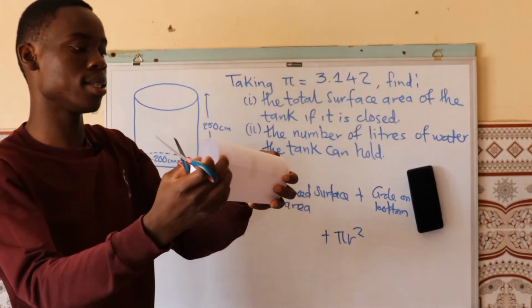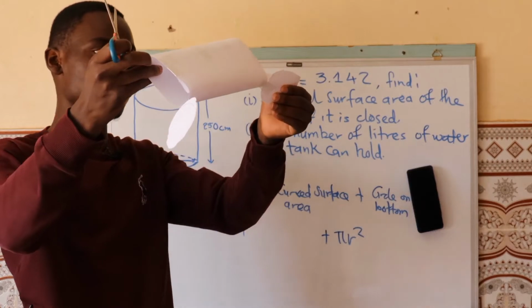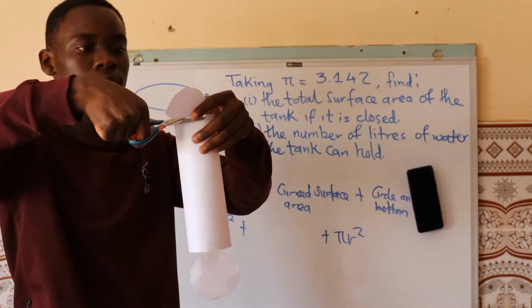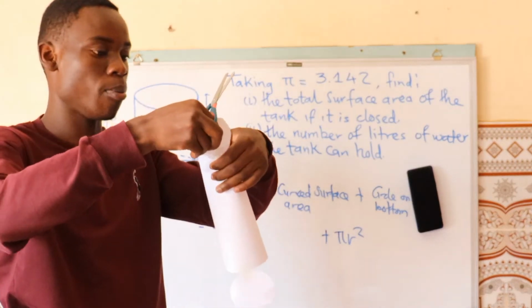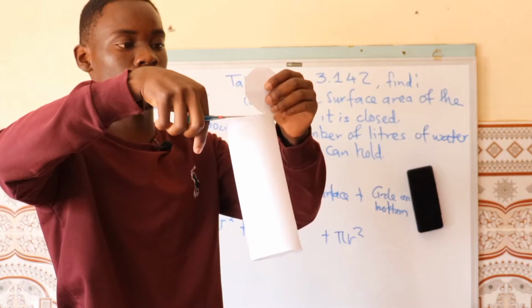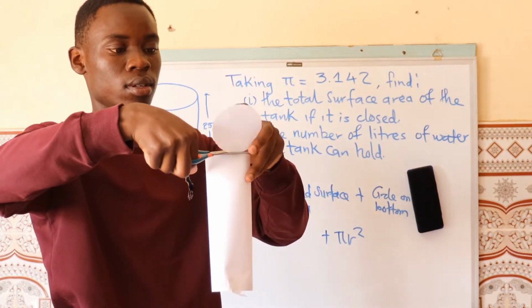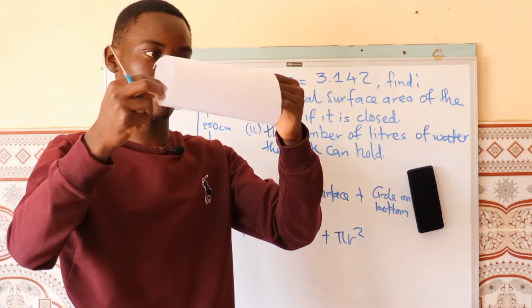Now, for the curved surface area, how do you determine it? You realize that this can be cut in this form. So we're going to remove the two circles. We're going to cut this top part, and we're going to cut this circle as well, and we remain with the curved surface area.